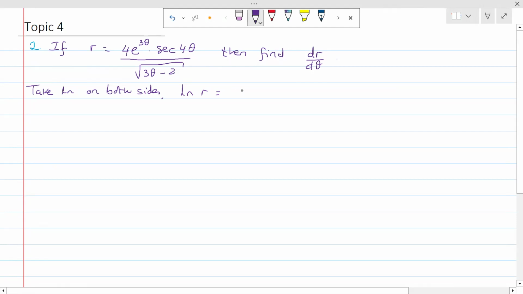So I'm going to write ln 4e^(3θ), and then plus, we can multiply here, ln sec 4θ, and then minus, I'm going to take the half outside because it says square root, so minus half ln (3θ minus 2).